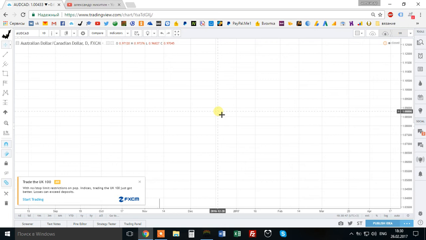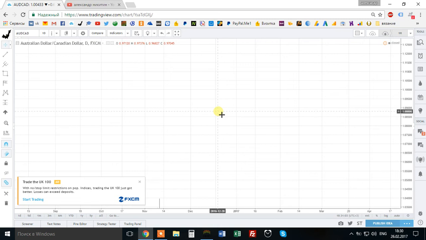So I decided to show you a faster, simpler way to draw the swings and to stay objective.